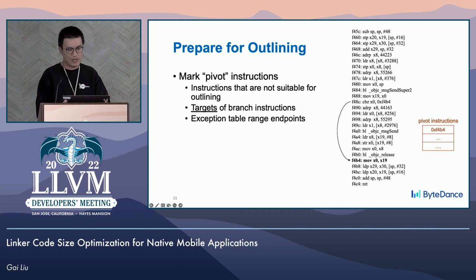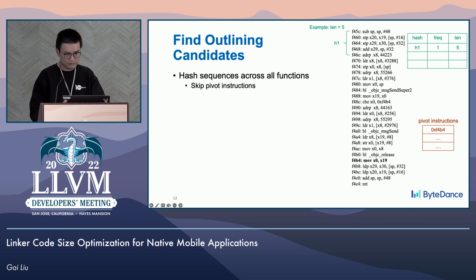As we prepare for outlining, there are certain instructions that we should not touch. One example is the target of a branch instruction, because outlining them would likely introduce incorrect control logic. Another example is instructions that are endpoints in the range described by the exception handling table. We call these pivot instructions, and we keep track of them throughout the flow.